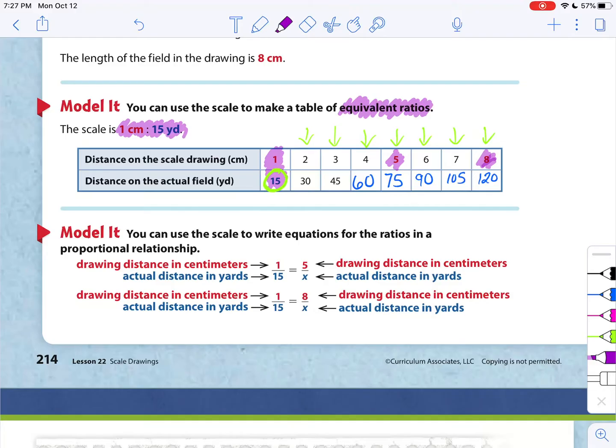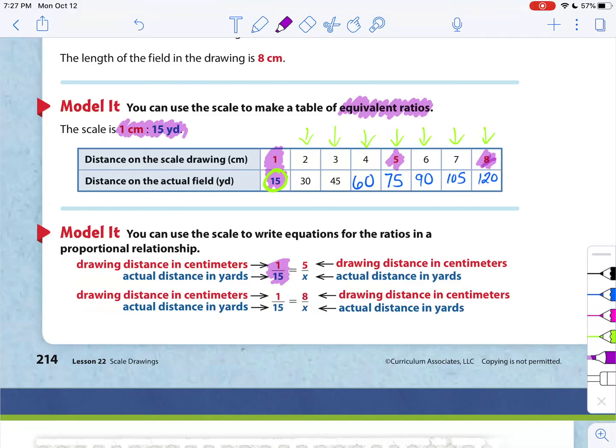So first, you can see the first ratio in our proportion is our scale factor, 1 centimeter to 15 yards. That is equal to one of the distances we're trying to find, which is 5 centimeters.